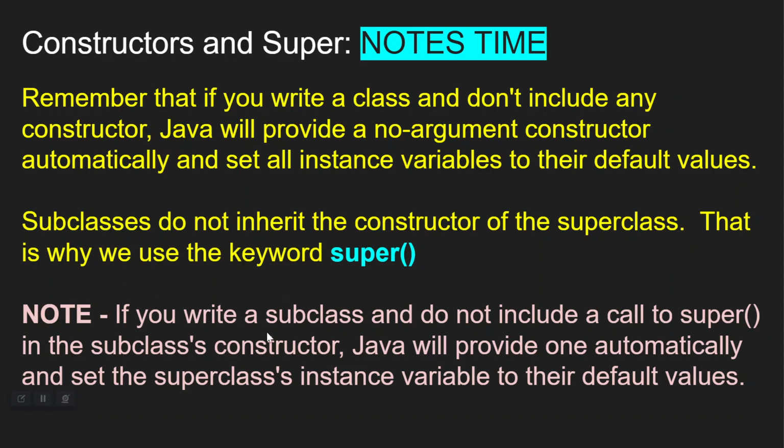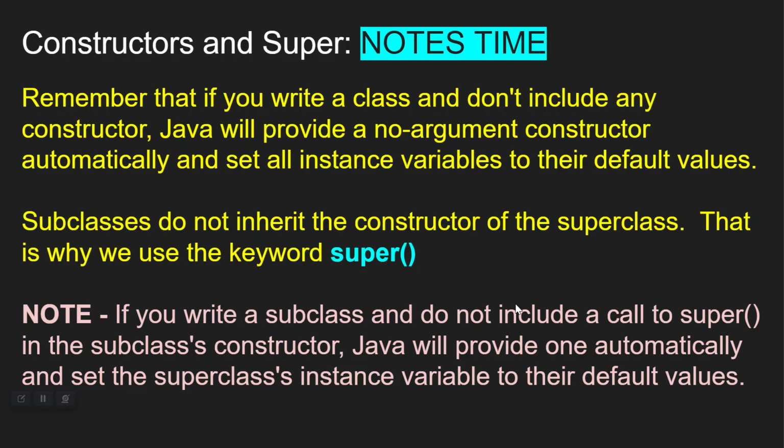So if you write a subclass, and you do not include a call to super in the subclass's constructor, Java will provide one automatically, and it will set the superclass's instance variables to their default values. So that could cause some confusion, and it's just an important note to keep in mind.